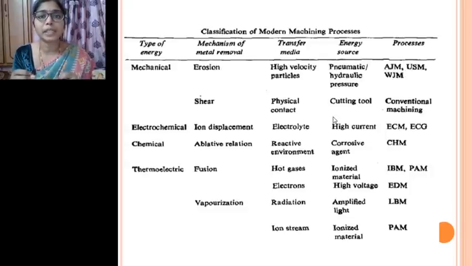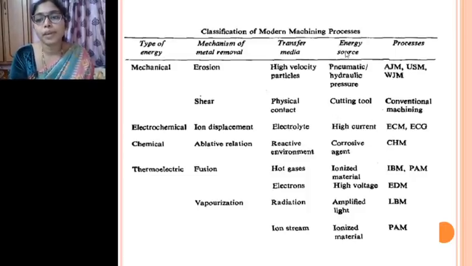Now these particles hit the surface, and at that particular point they exert pressure, increase the stress, and remove the material from that surface, right? So these are nothing but high velocity particles which hit the surface and remove the material in the form of an erosion process.